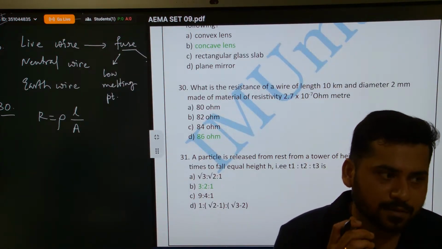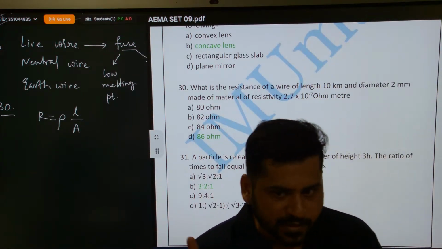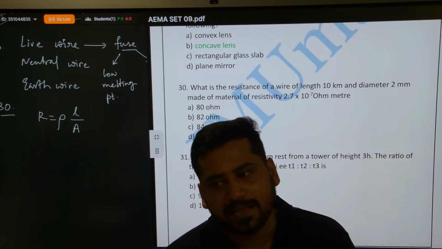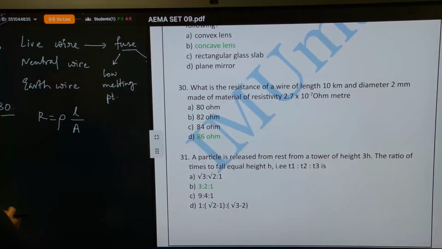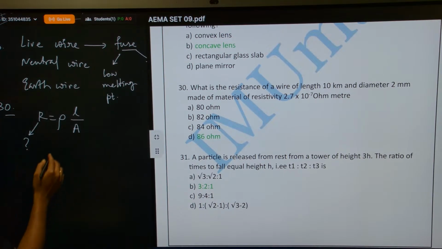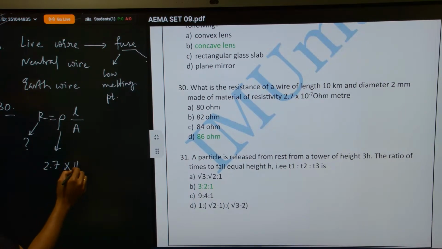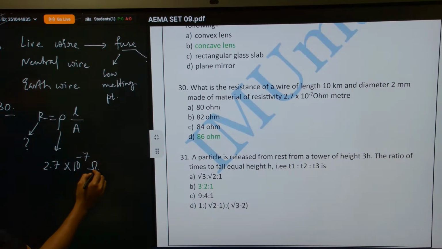Now in the time of solving numericals, I told you a certain way of doing them. What are given? Which quantities are given? What have they asked and what is the relation between them. So you are asked to find the resistance. Rho they have given is 2.7 into 10 to the power minus 7 ohm meter.